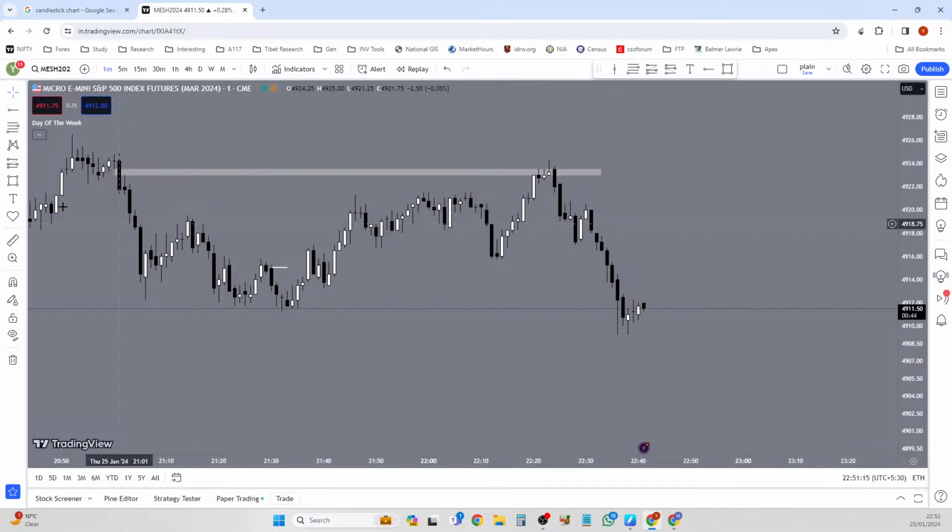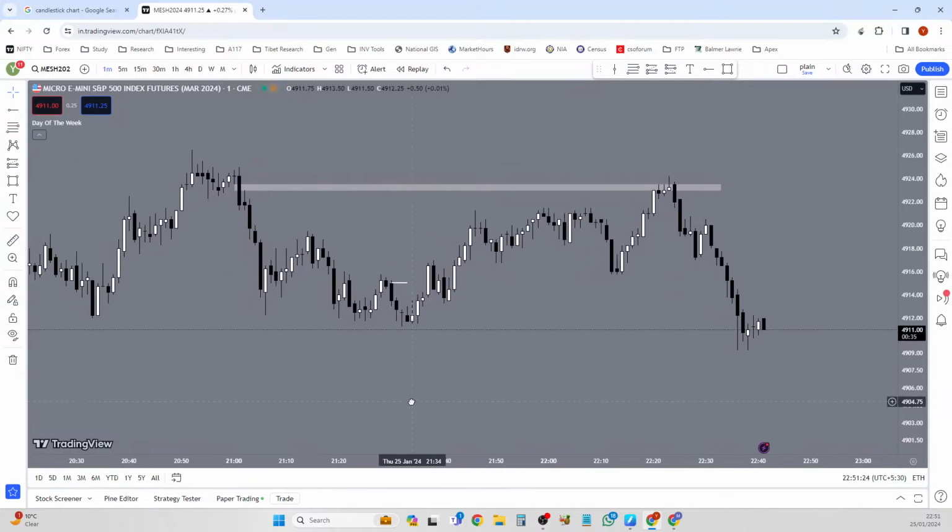So it's going to look different, but the meaning is basically shown over here. Now, this internal range that I have marked over here wouldn't have been visible if I was watching an hourly chart.